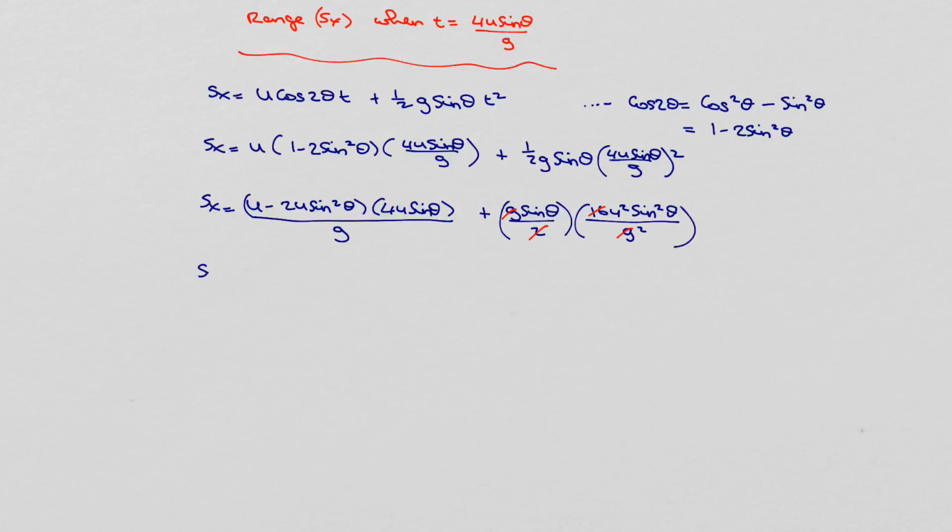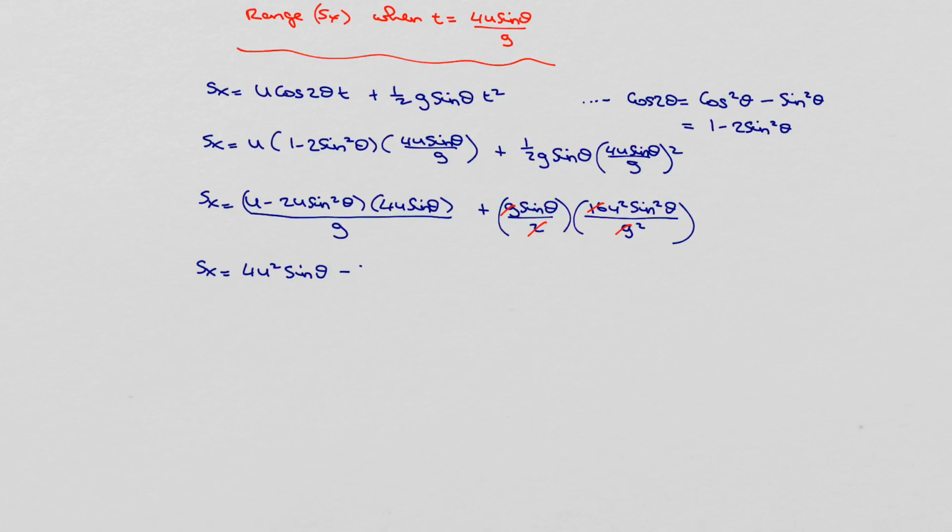I'm going to multiply the brackets here then again. So I have u by 4u is going to be 4u squared sine theta minus 2u by 4u is 8u squared. Sine squared by sine theta is going to be sine cubed theta, and that's all over g. Again, just keeping it in brackets to keep it neat.